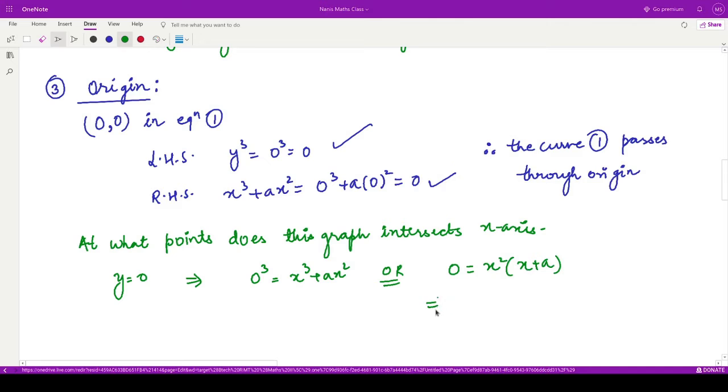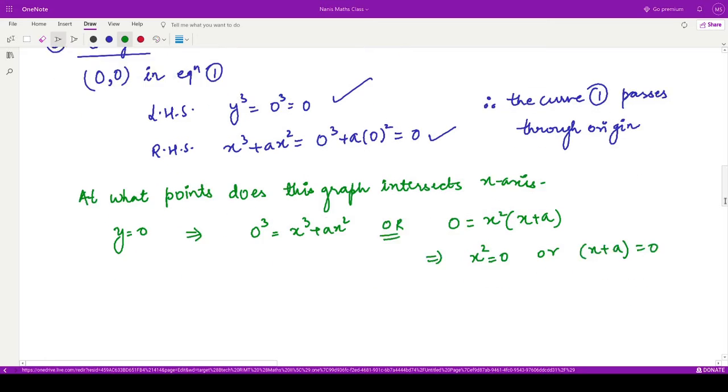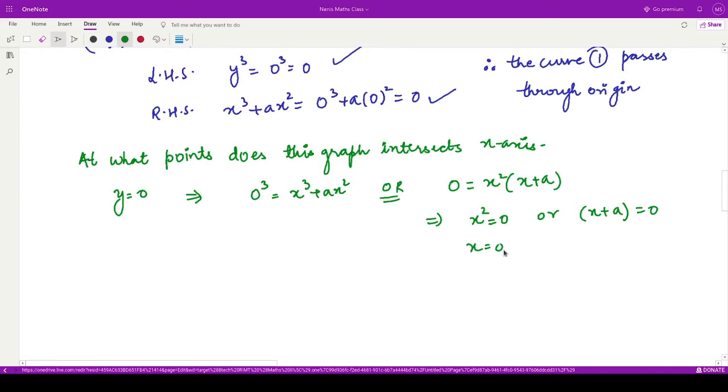So this implies either x square is 0 or x plus a is equal to 0, so either x is 0 or x is equal to minus a. So the points of intersection of this curve and the x-axis are 0, 0, that we already have, and the point minus a comma 0.